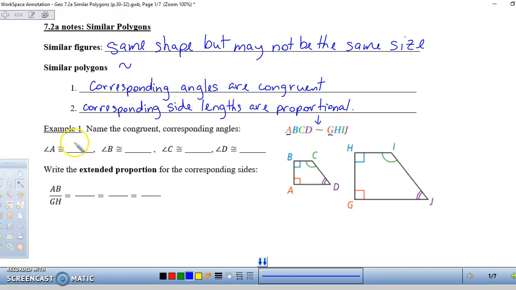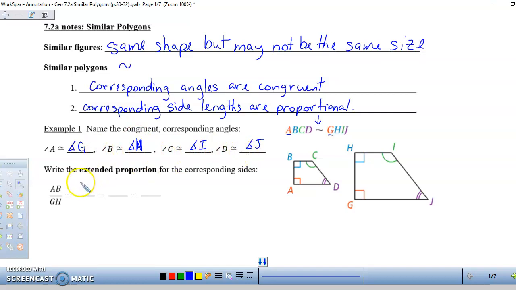So I'd say angle A is congruent to angle G. So using that same logic, pause and write the rest of these congruencies. Okay, so you should have angle H goes with angle B, angle C goes with angle I, and then angle D goes with angle J. So that's the first half of the definition. The corresponding angles are congruent.